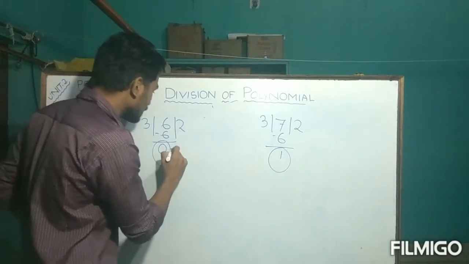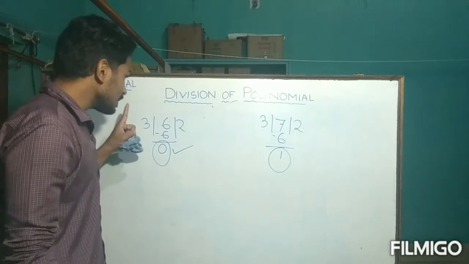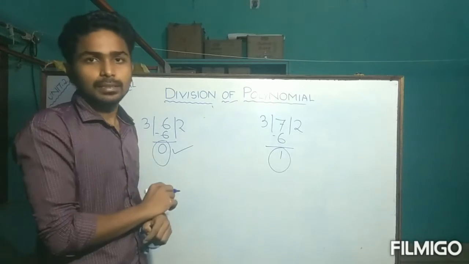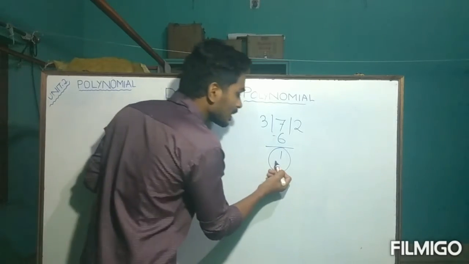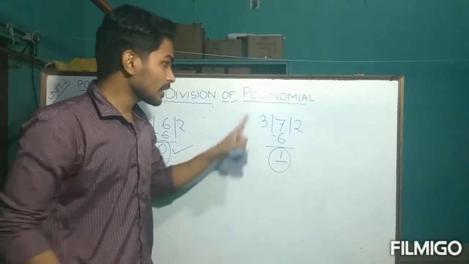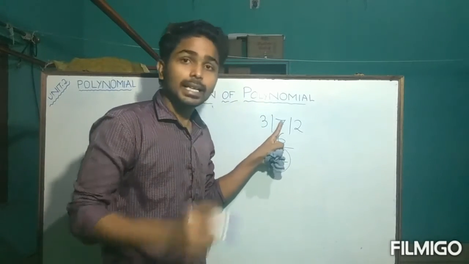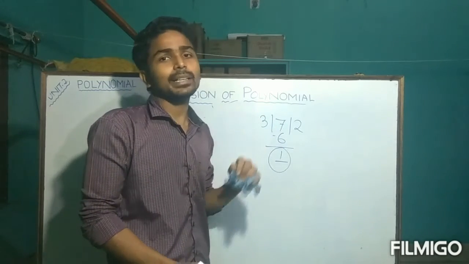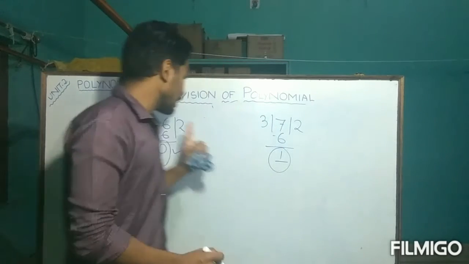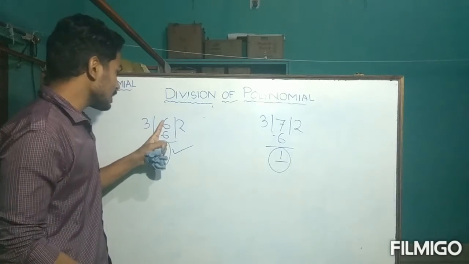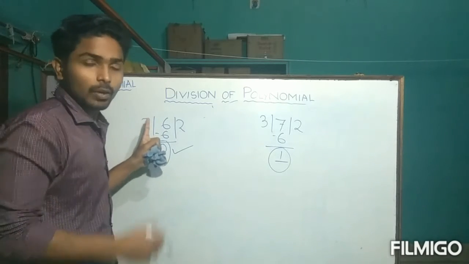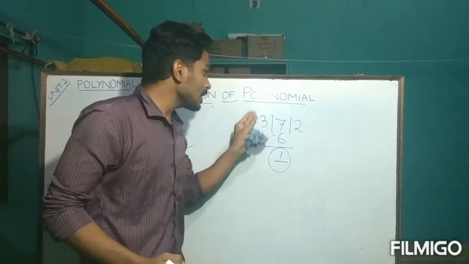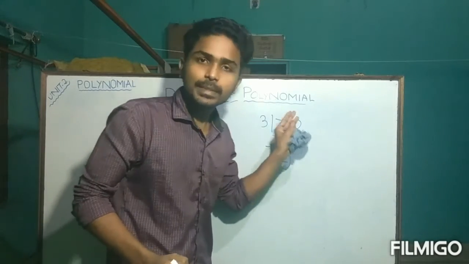The remainder 0 means the number 6 is completely divided by 3. But here the remainder is 1, which means the number 7 is not completely divided by 3, it is only partially divided. We can say 3 divides 6, but 3 does not divide 7.